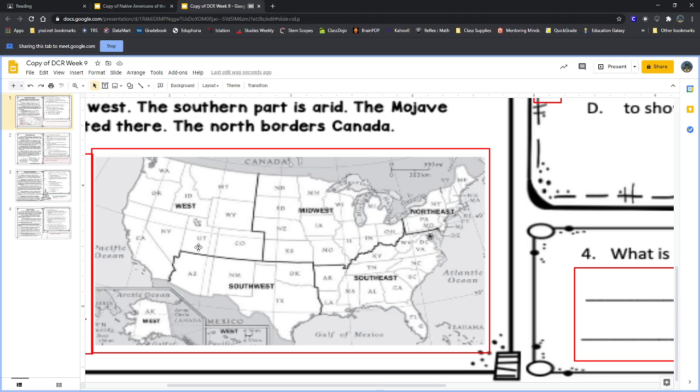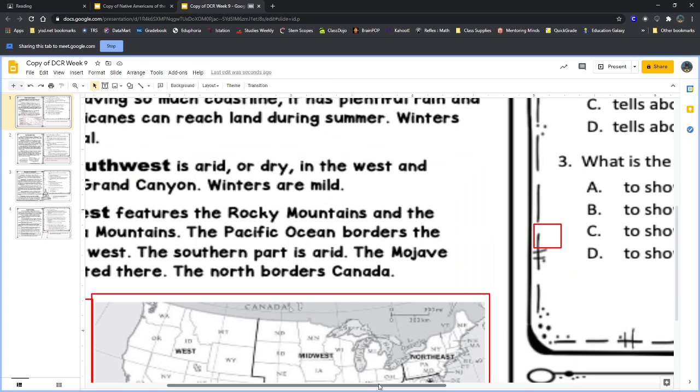Up here I can see some shapes, but one thing I would say is if you're not sure if it's mountains, I wouldn't count it as mountains. A lot of times when you see a map and it's going to show you where mountains are, it'll show you a little symbol. It kind of almost looks like a capital letter A, but without the line in the middle. And they'll tell you anytime you see one of those, it's where there's a mountain. But this one doesn't show me mountains.